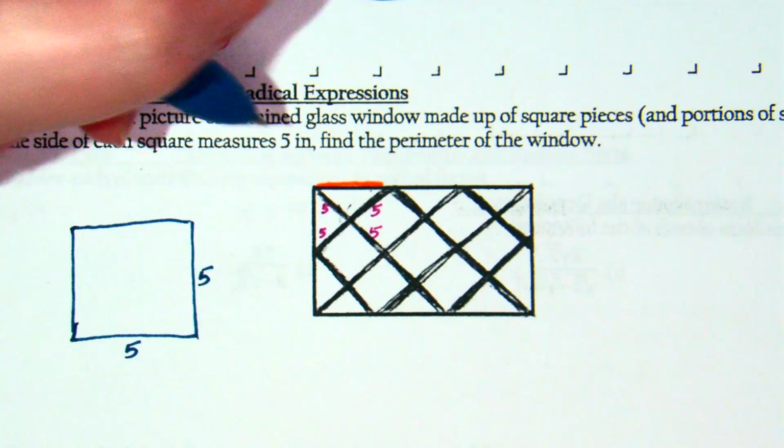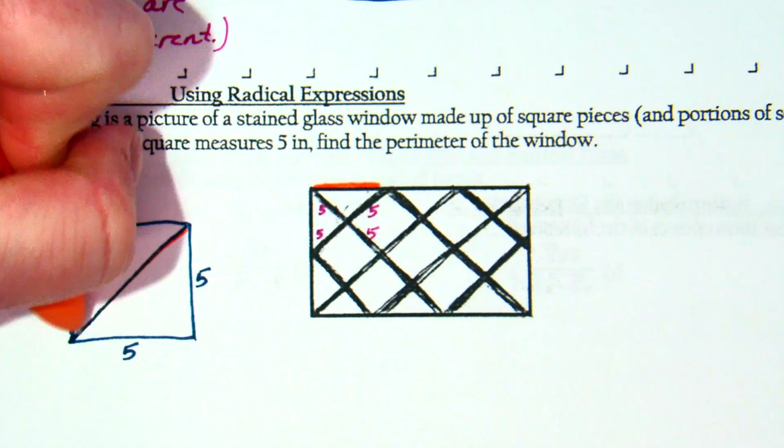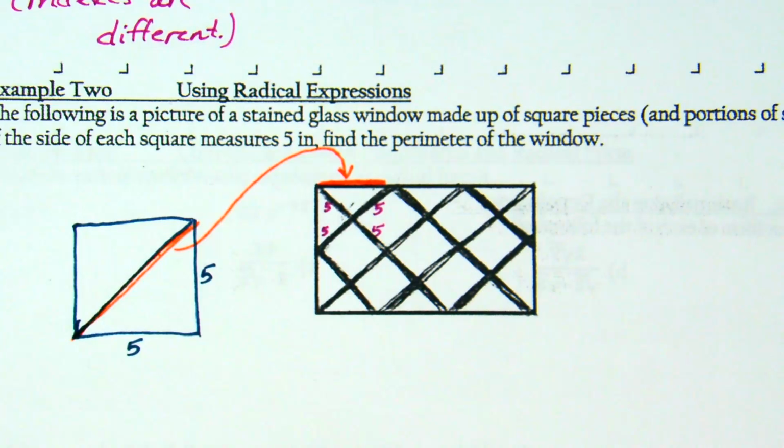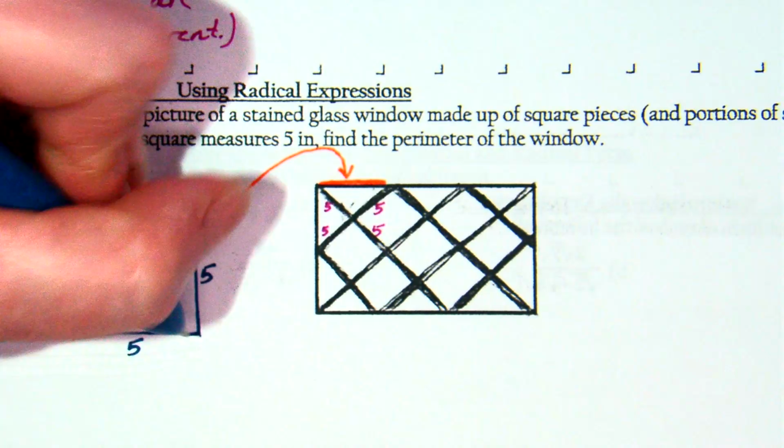Okay, where is that in this square? Yeah, I would call it the diagonal, because it's going right through the middle from corner to corner. So this right here is that piece right there. Keep in mind, a square has right angles.